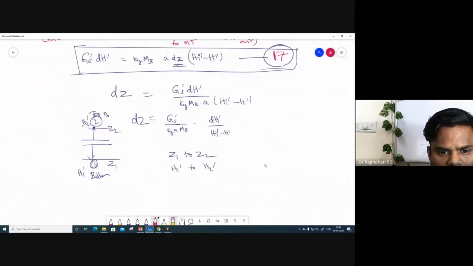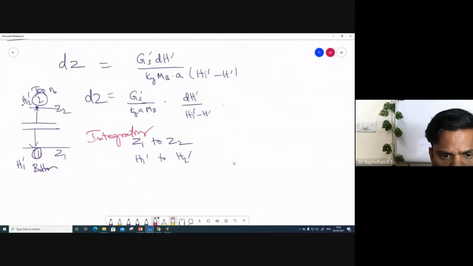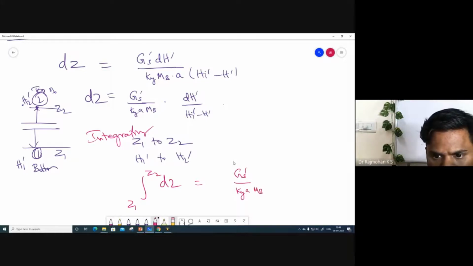If you integrate, this equation will become integral z1 to z2 dz equal to Gs' by KyaMb into integral H1' to H2' dH' by (Hi' minus H').